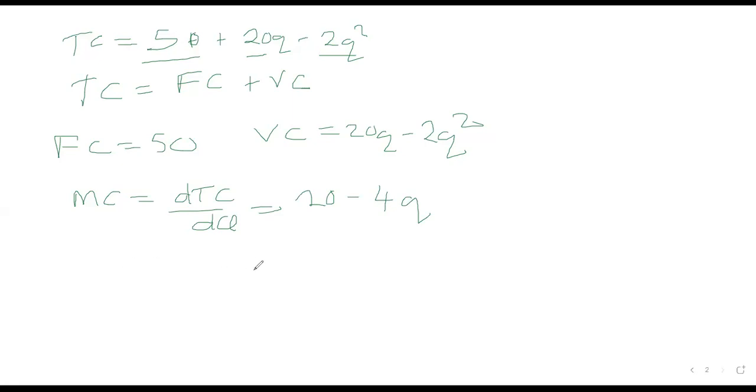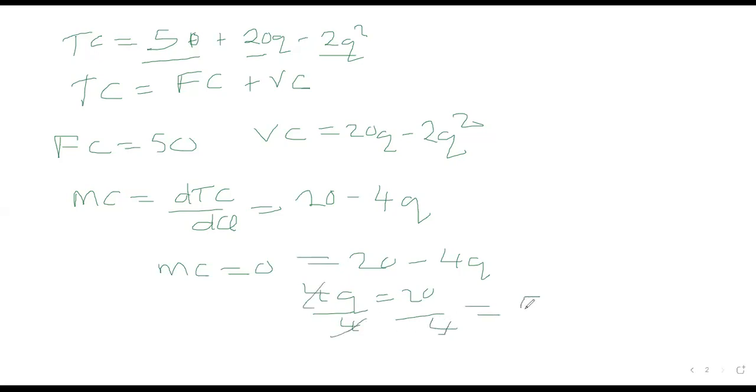To minimize, we only minimize costs. So whenever we minimize costs, our marginal cost is equal to 0. 20 minus 4Q, when this goes this side, we're going to have 4Q is equal to 20. So to find the output that will minimize our costs, our Q is equal to 5. So 5 units will minimize your costs.